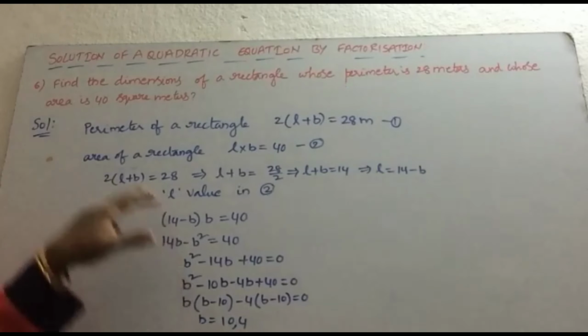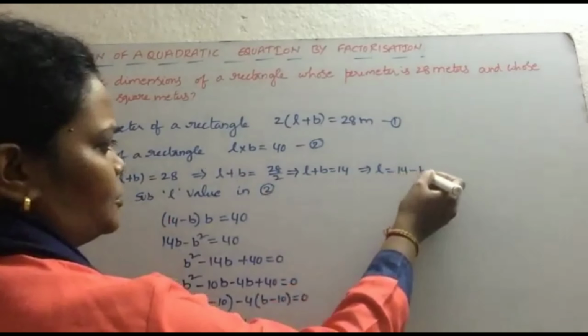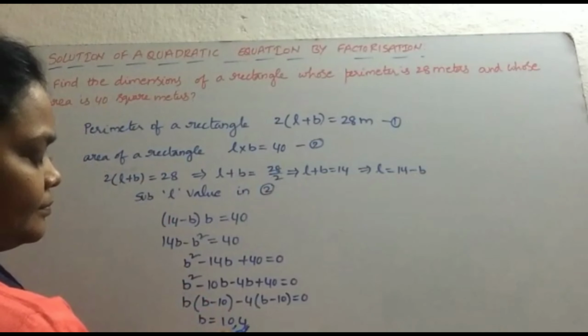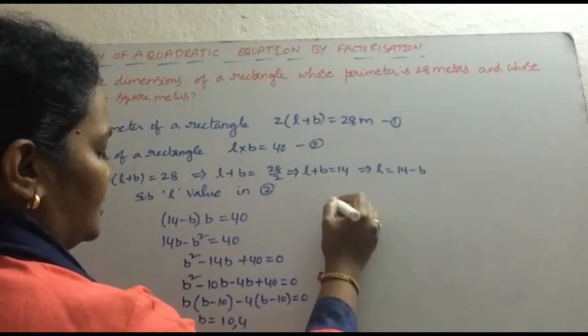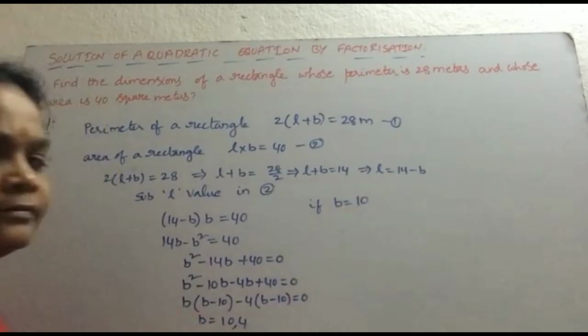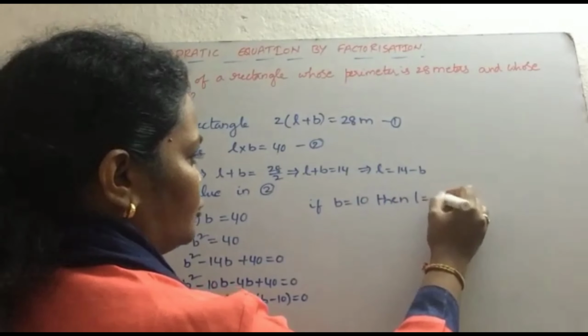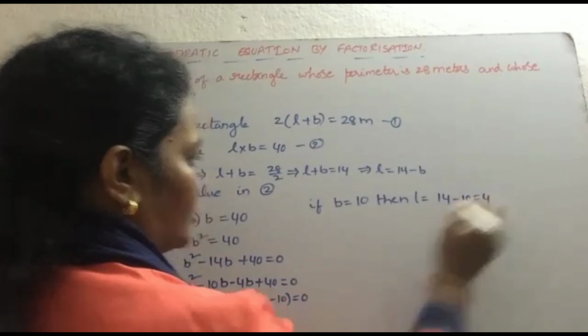So what is B? B is the breadth. Now substitute the value of B. If B is equal to 10, then length is equal to 14 minus 10, that is equal to 4.